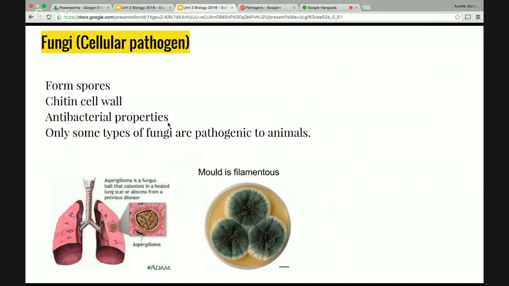In fact, a lot of antibiotics are made from chemicals that come from fungi. Not all fungi are pathogenic to animals. One example of a pathogenic fungi is Aspergilloma, which basically infects the lungs and causes issues with the lungs.